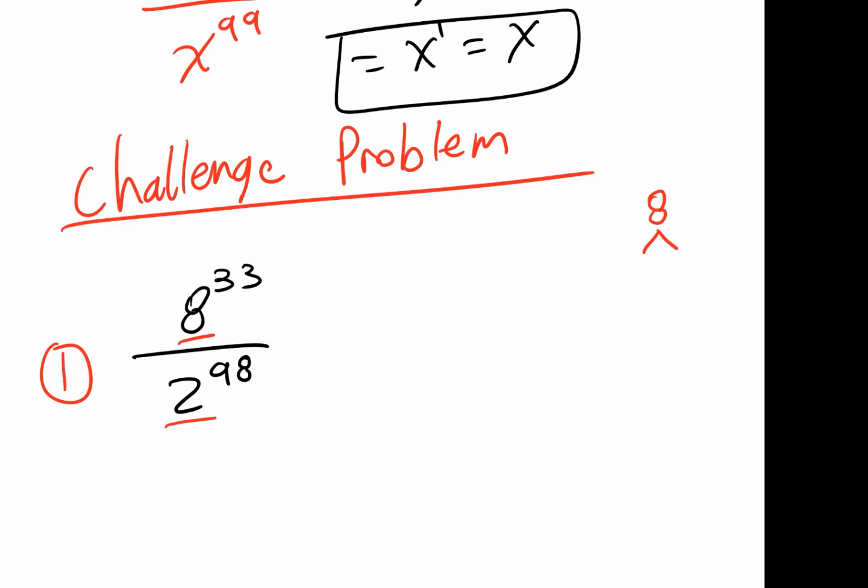Have you guys ever seen a factor tree? Do you know what that is? So if I try to factor out 8, what do I get? 4 times 2, right? And then if I try to factor out 2, I can't do that. What if I try to factor out 4? Yes, 2 times 2.